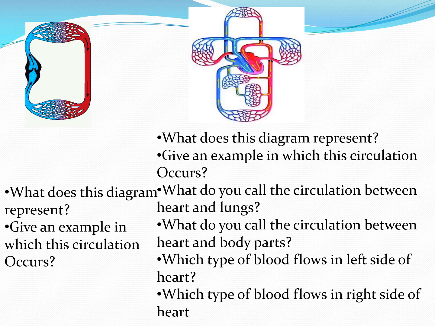Last question here. Which type of blood flows in the right side of the heart? Deoxygenated blood flows in the right side of the heart. Here, the right auricle receives deoxygenated blood from body organs and the right ventricle pumps deoxygenated blood to lungs through the pulmonary artery.